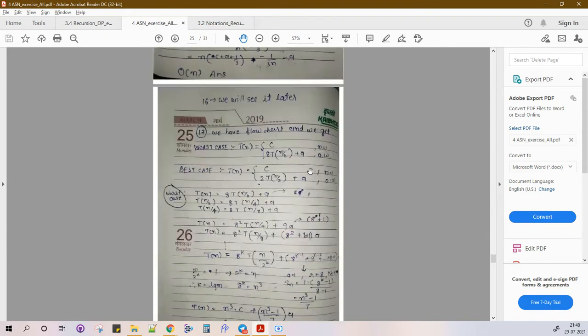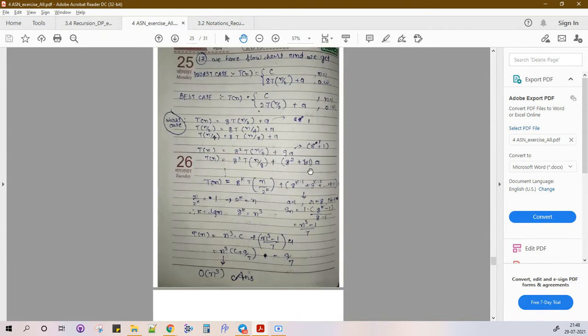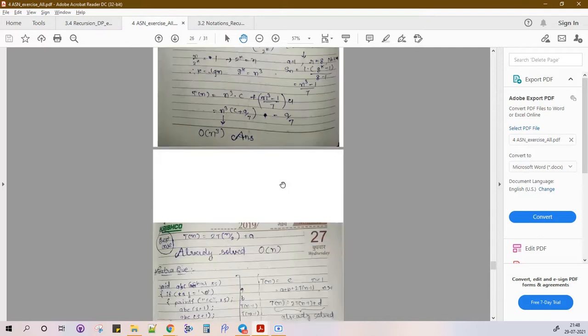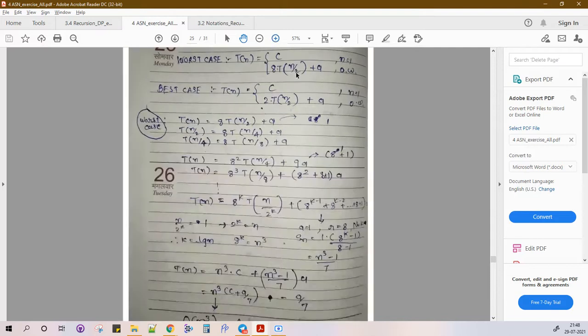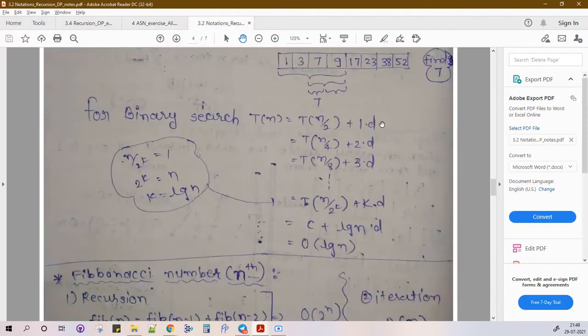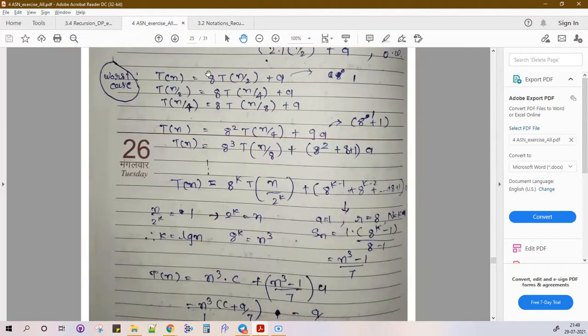This example is good. What will happen here is, at the first iteration, you have 8T(n/2) plus a, right? Looking very similar, T(n/2) plus d. But I have just one multiplier, 8, here.